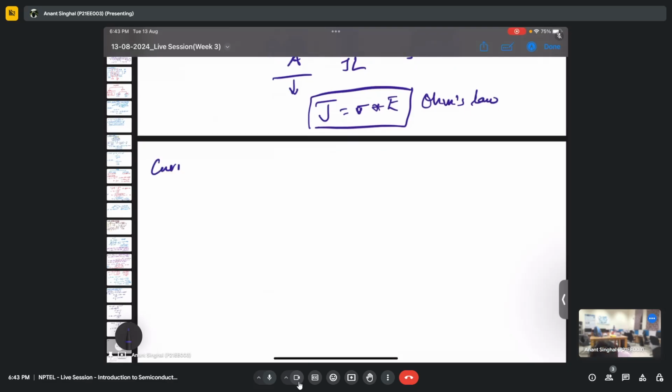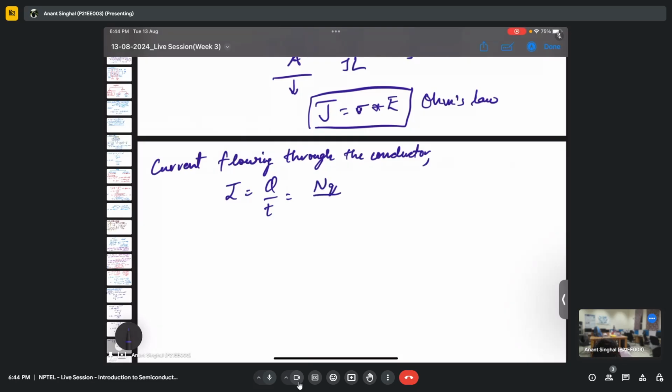So now I'll calculate the current flowing through the conductor that we have taken initially. We know that I is nothing but Q by T, or number of electrons into the electronic charge by T, and I can write T as L by Vd using the same relation.